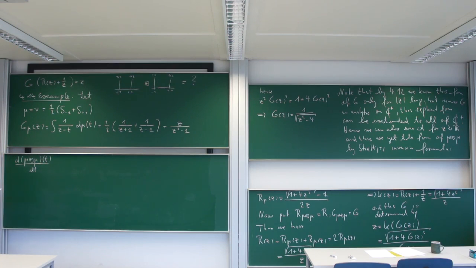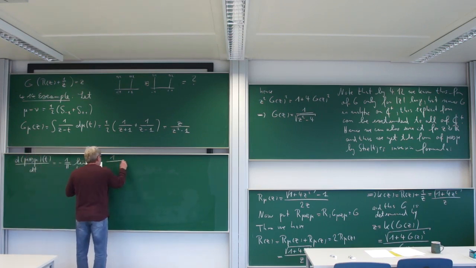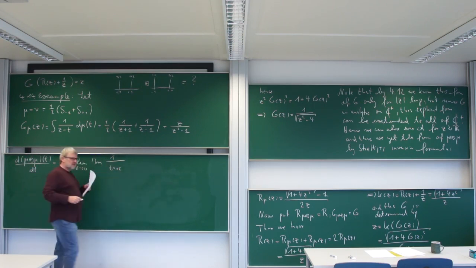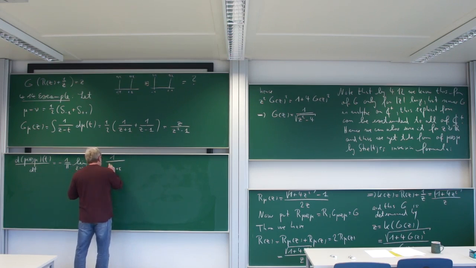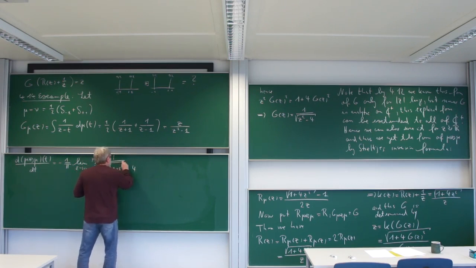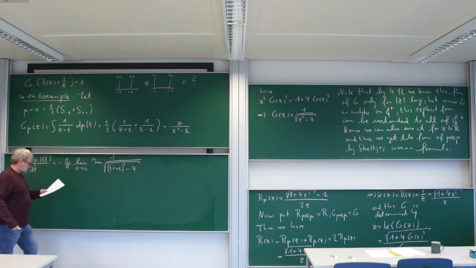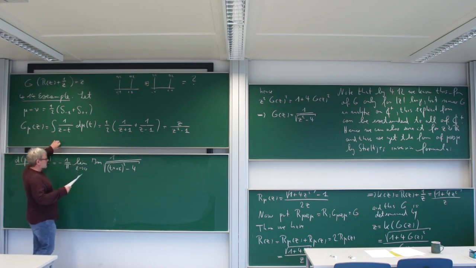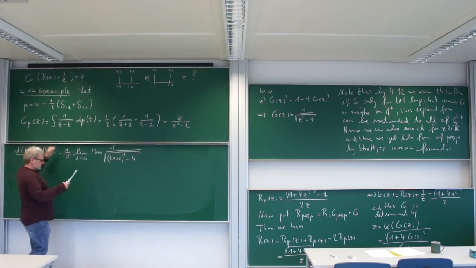If this would have a density, then we would get the density by having -1/pi, and then we take the limit epsilon going to 0. We take the imaginary part of our Cauchy transform, for which we have an explicit formula, so it's 1 over the square root of z squared minus 4, where we take the Cauchy transform at the point t, going a little bit in the upper half plane, so t plus i epsilon, and going with epsilon to 0.